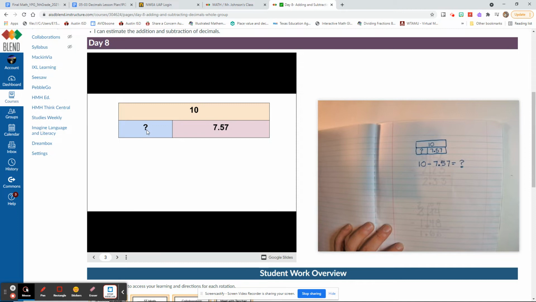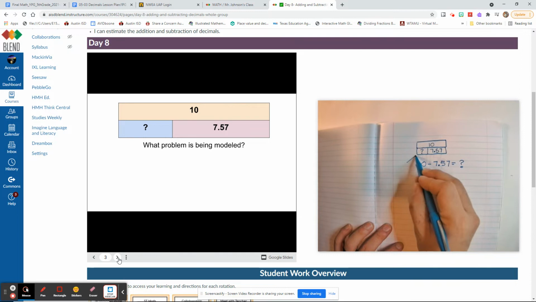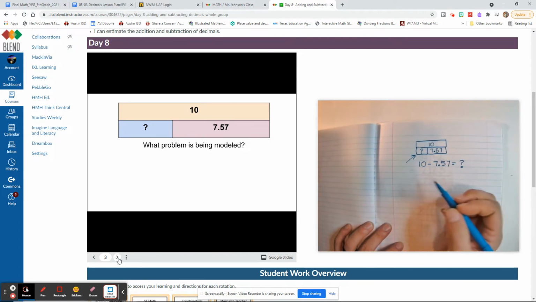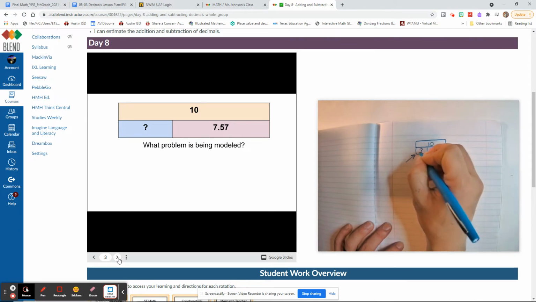Could they have used a letter? Absolutely. Could you have done it if they used a letter? Also, absolutely. So what model is being represented? I think we just figured it out. If we took 10, our whole, and took away 7 and 57 hundredths, that should give us this missing value right here. So remember, if I wanted to make this into like an algebraic expression, instead of using the question mark, I could just use like x.